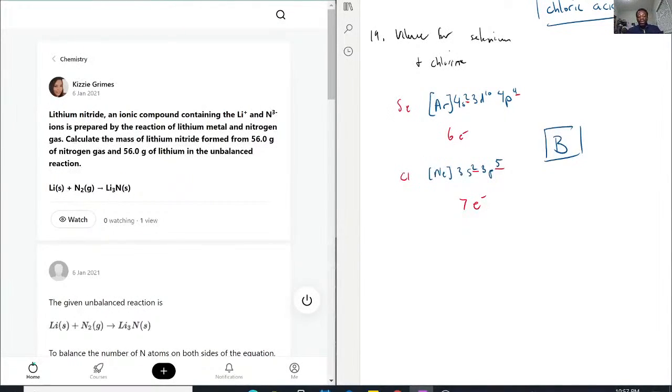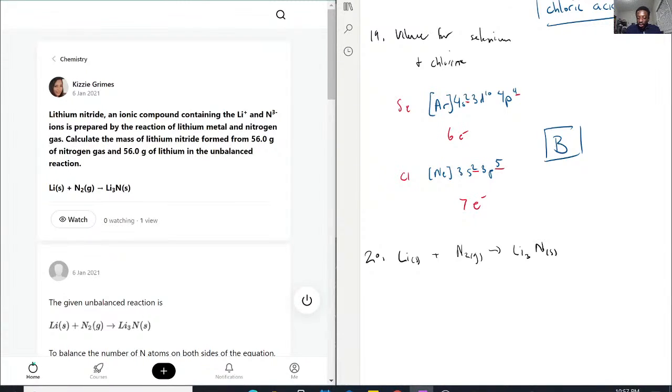So for this, let's try to see if we can write down all the information we have in a nice, concise form. We're given the equation, so that's Li solid plus N2 gas turns into Li3N salt, lithium nitride, okay? And now we're asked to balance this.